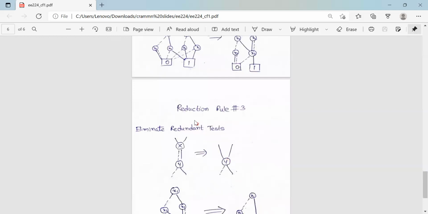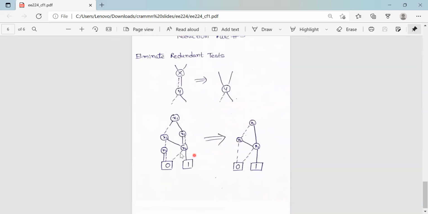The third reduction rule is that if the dashed line and the solid line of a node both connect to the same node, then we can remove that node. Here we can see that there are two such nodes, where the dashed and solid lines are connected to the same node.